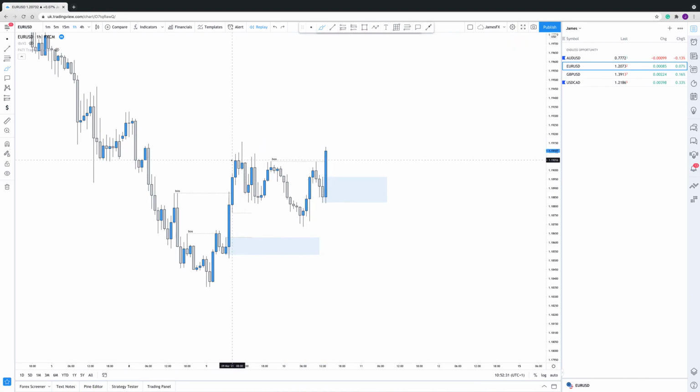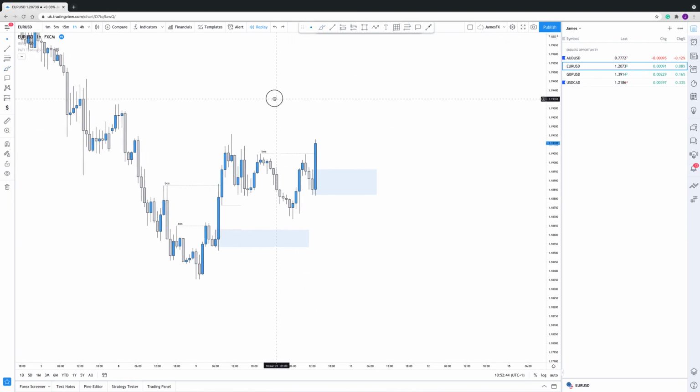We have had a break above candle bodies. We will get into market structure and mapping out your breaks of structure in a future video, but we can see that we have broken structure regardless. So this is an area of interest for us.